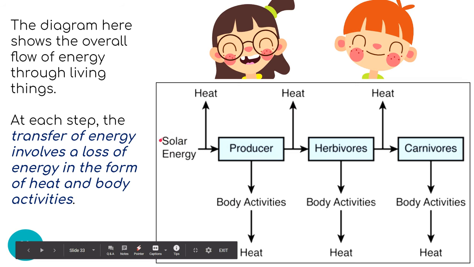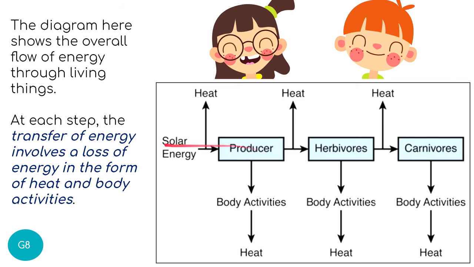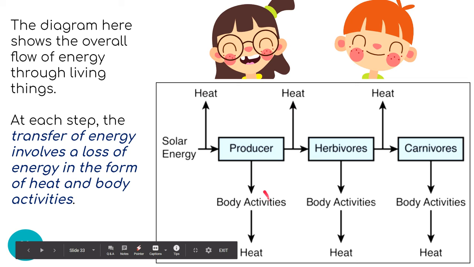So through photosynthesis, producers harvest energy and store solar energy as chemical energy in the chemical bonds of the glucose molecule. As they perform their body activities, growing, reproducing, pollination, fertilization, and all that, they also release heat. Producers also release heat as a byproduct.